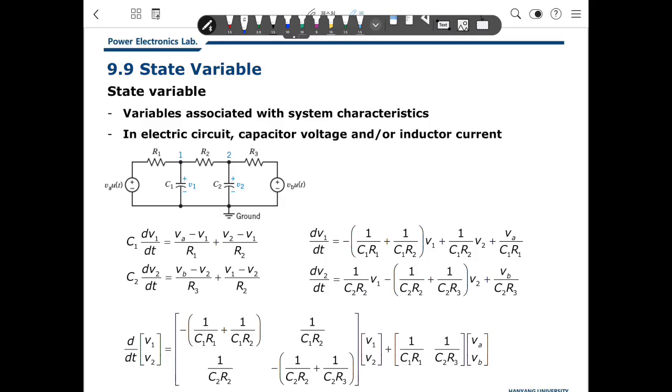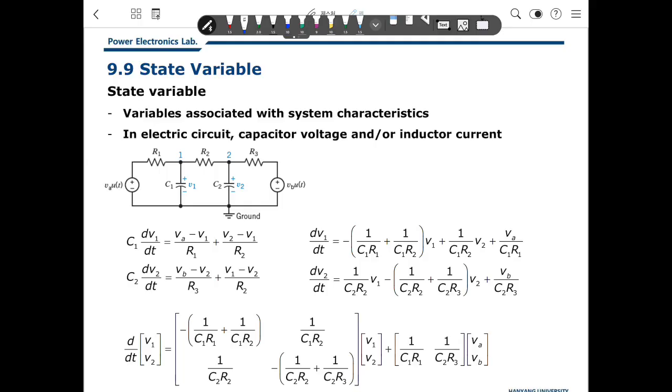Actually, this is not only covered by electric circuits, but also it will be expanded to describe systems. In engineering, there are many description methods to represent systems, but the state variable is one of the most famous representation methods to describe the system.